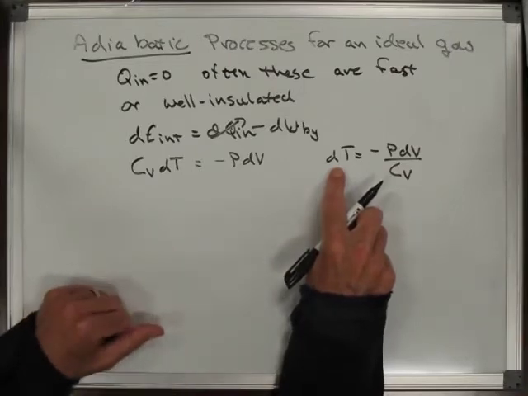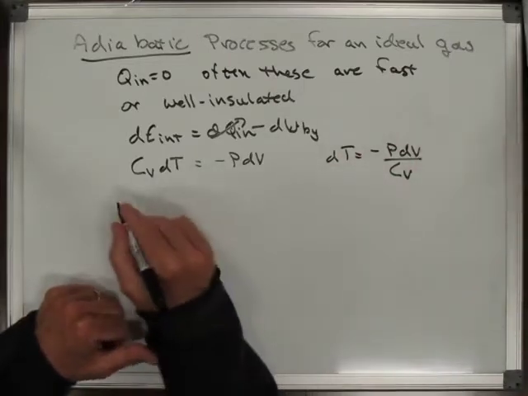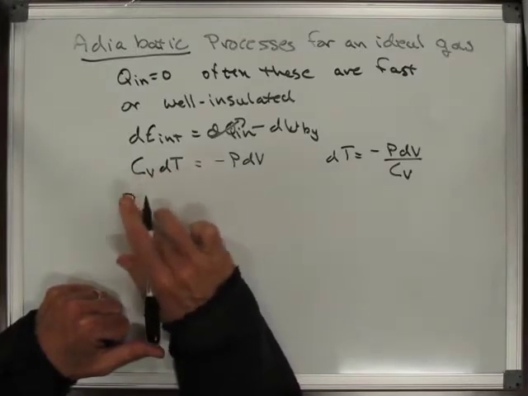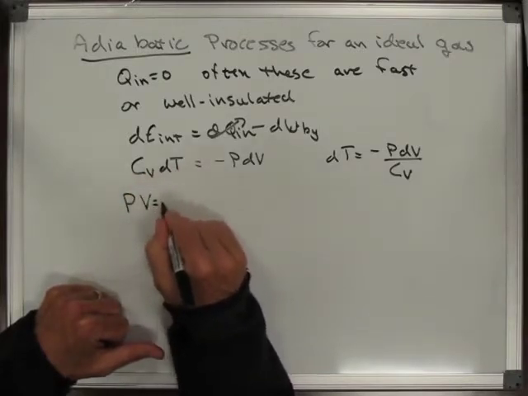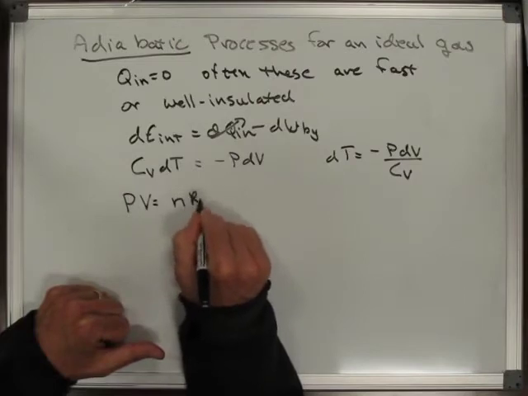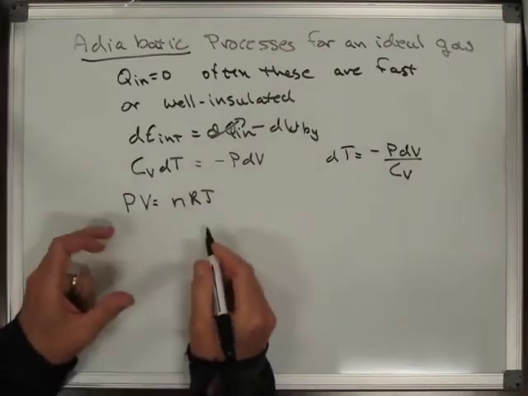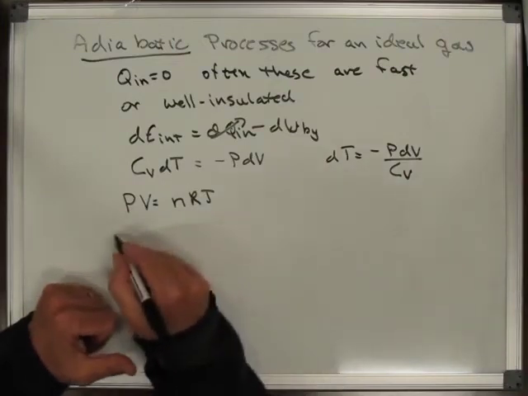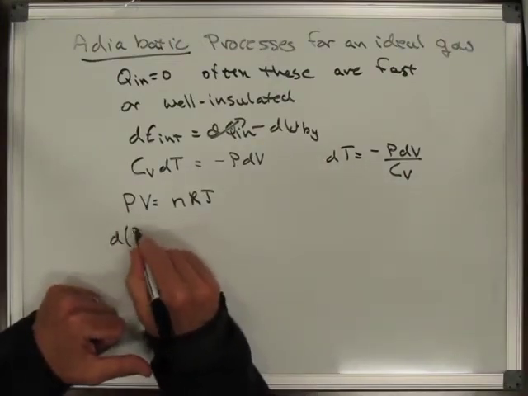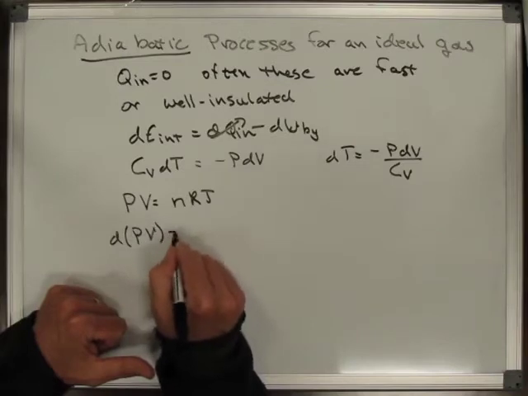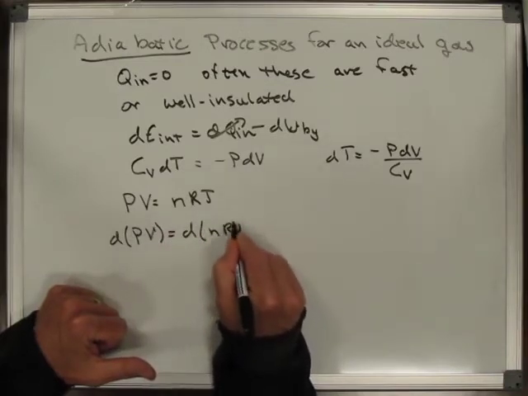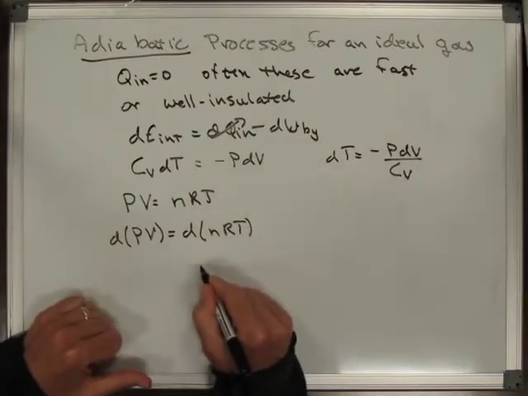And now I'm going to solve for this in a different way. I'm just going to start with the ideal gas law. Here's PV equals nRT, right? And now I'm going to take differentials on both sides. So I'm going to say a d on the left side, which is d of PV, is equal to a differential on the right side, d of nRT.